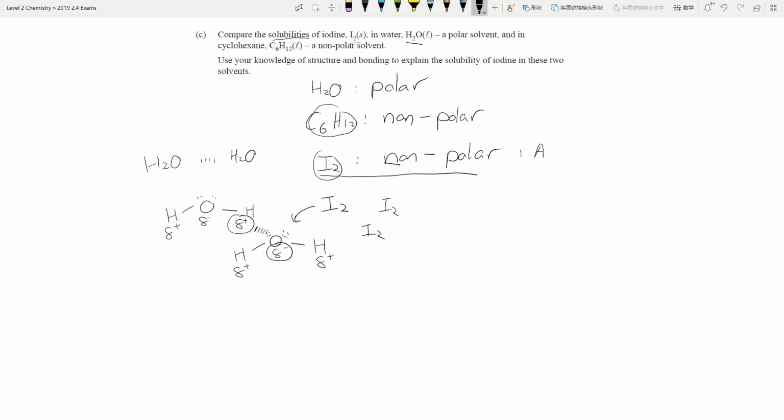We would rather hang out with each other, because this force of attraction is stronger than what an I2 would have with the water molecule. This particular force of attraction between the I2 and H2O is too weak, so it doesn't happen. So the water molecules prefer to hang out with each other, and the I2 has no other choice but to hang out with the I2.